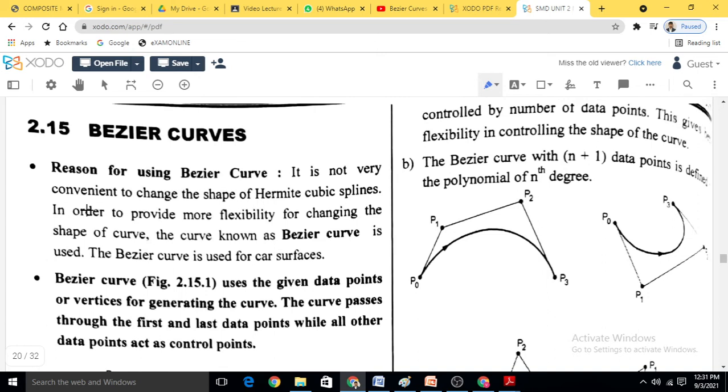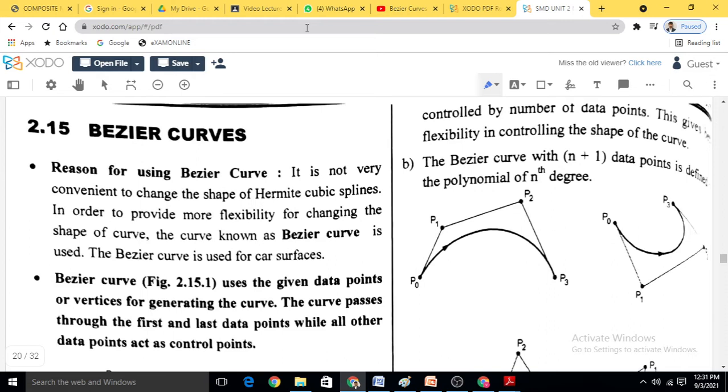It is not very convenient to change the shape of the Hermite cubic spline curve. If we want to change the shape of the Hermite cubic spline curve, then we need to change its end point also, and we need to change its tangent vector also, and to represent its tangent vector is difficult. That's why it is not easy to change the shape of the Hermite cubic spline curve.